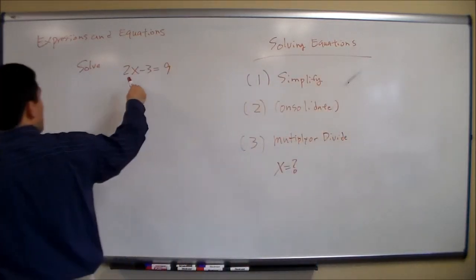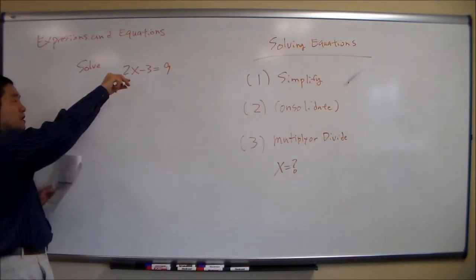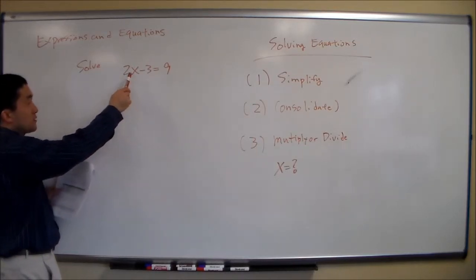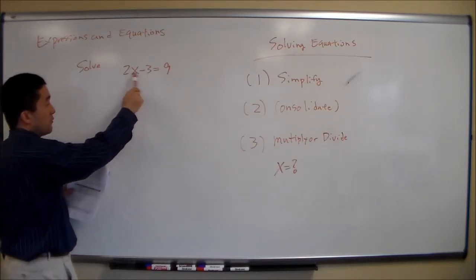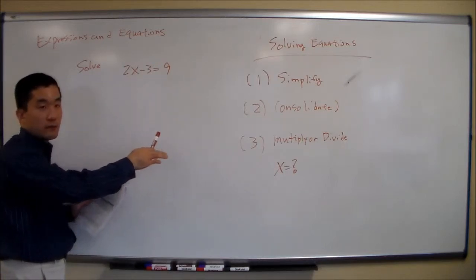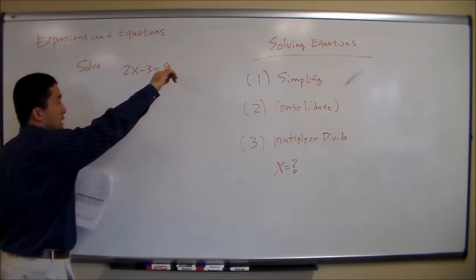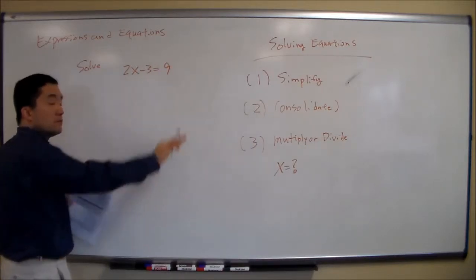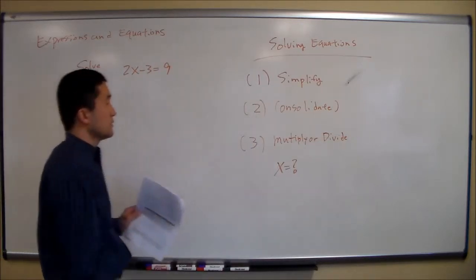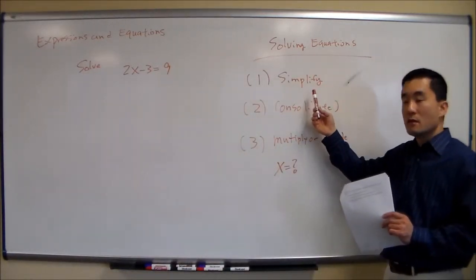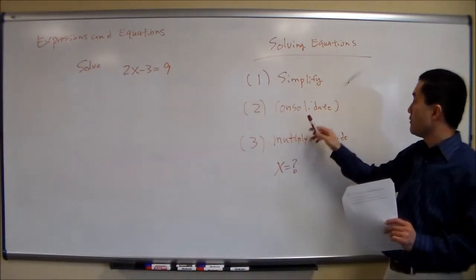So if you look at it, 2x minus 3, is that as simplified as possible? In this case, yes, because 2x and negative 3 are not like terms. There's not much you can do there. And then the 9 by itself is as simplified as possible, so there's nothing for you to do. So for this example, the simplification part is done already. So now we're going to move on to the consolidate step.